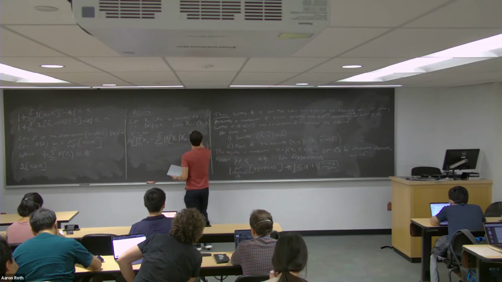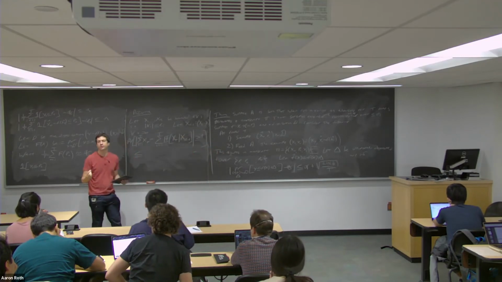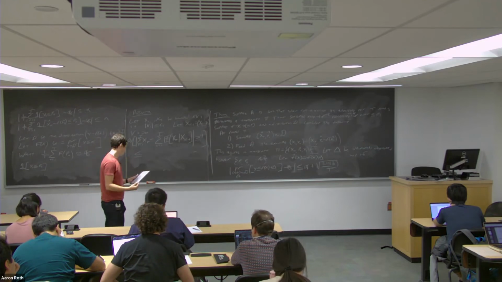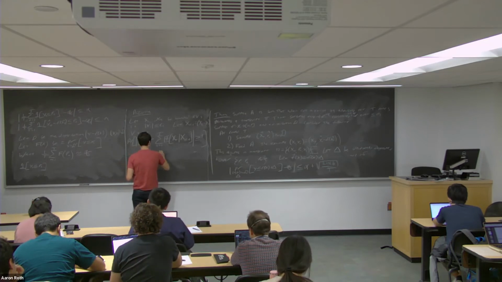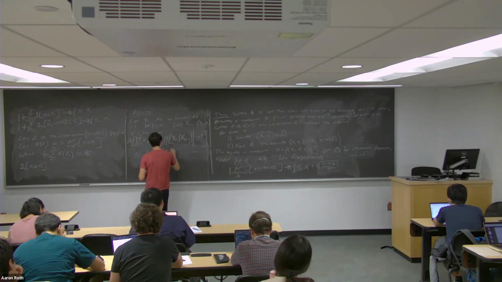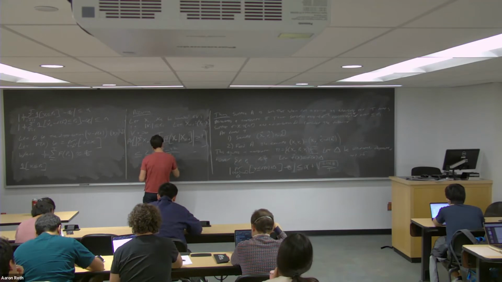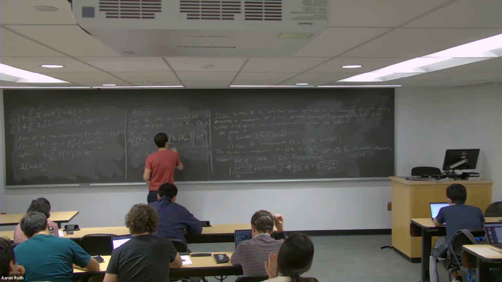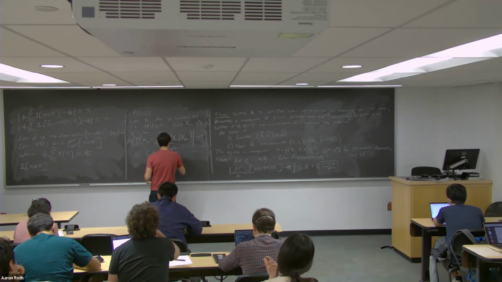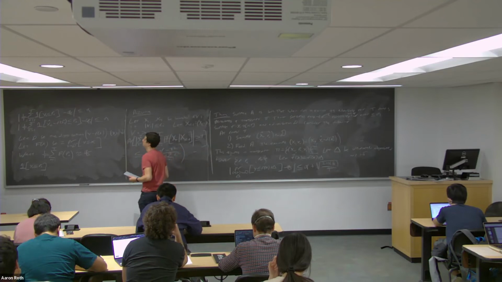So the probability that this difference is larger than t is controlled by something very similar to what shows up in Hoeffding's inequality: 2 times e to the minus t squared over 2 times the sum over all of the rounds of the bounds ci squared.